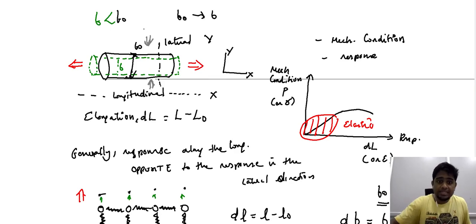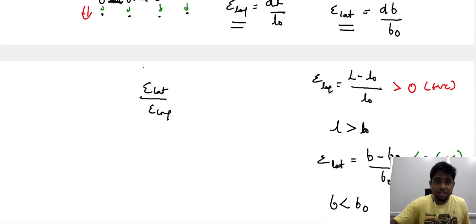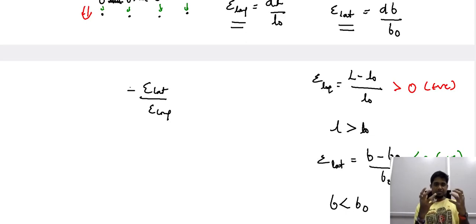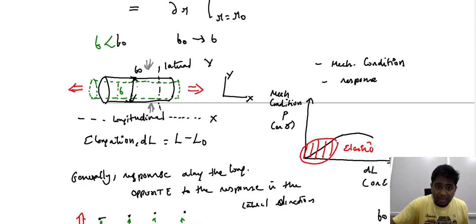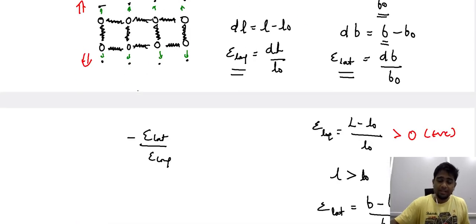So this assumption allows us to introduce a negative sign here, because it is reasonable to state that this change in the dimension along the lateral direction is brought about by a negative, or rather a compressive load along the lateral direction, and since by convention a compressive load is accompanied by the negative sign, it is reasonable for us to introduce a negative sign here.